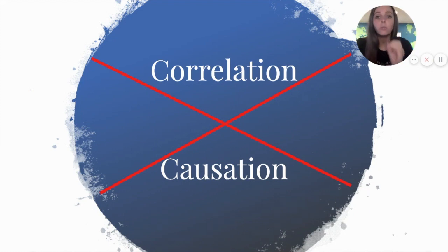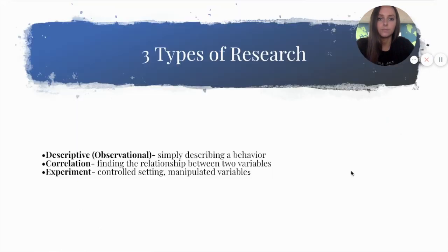The only way we are going to see if something causes something else is if there has been an experiment. That is the only way we can say causation. So if you just have two variables that are correlated, you cannot say that one causes the other.